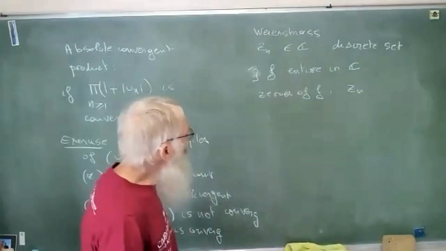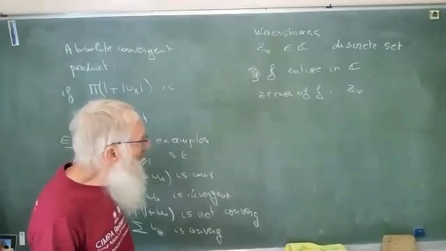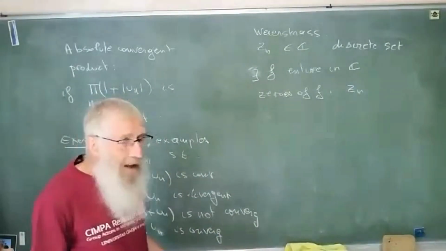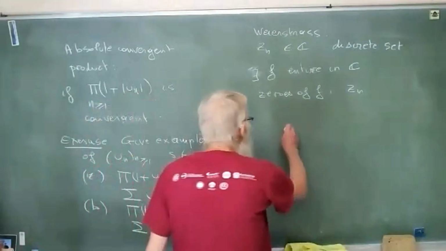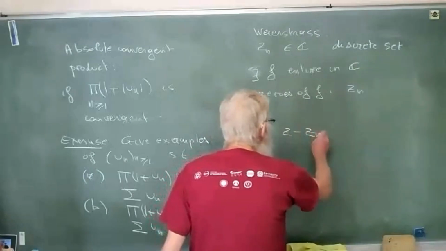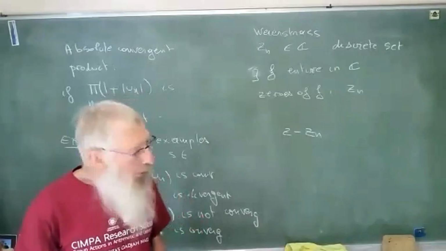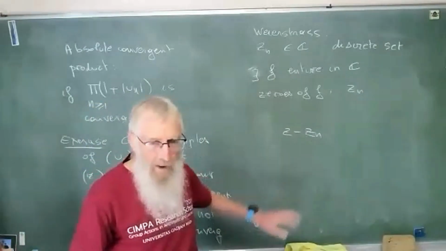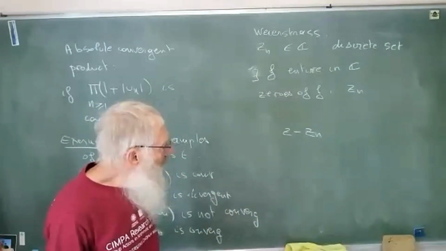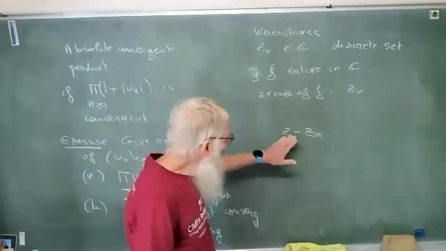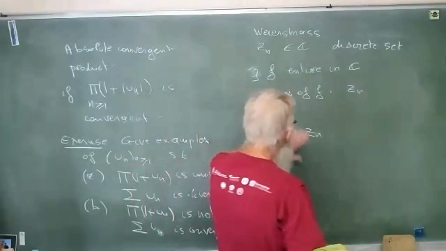So how does Weierstrass solve this problem? A naive way would be to say I take the product of Z minus Zn. This will not work because Zn tends to infinity. So a better idea is to take 1 minus Z over Zn.